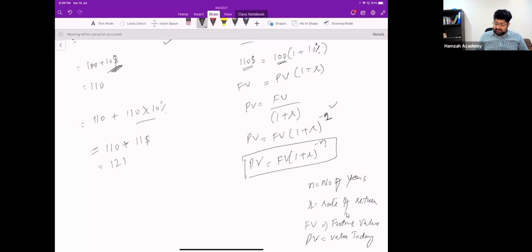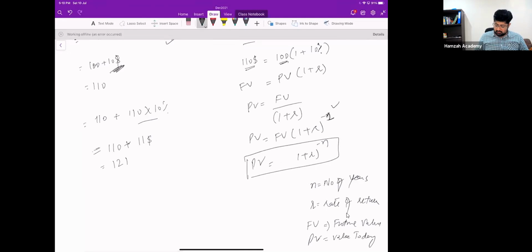So this factor, 1 plus R raised to power N, converts future value into today's value. So this is called discount factor.